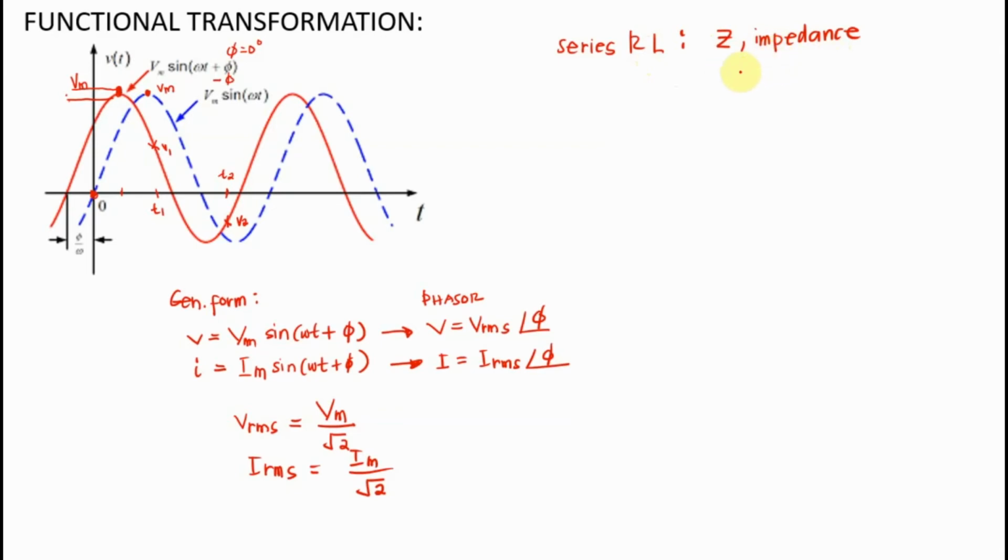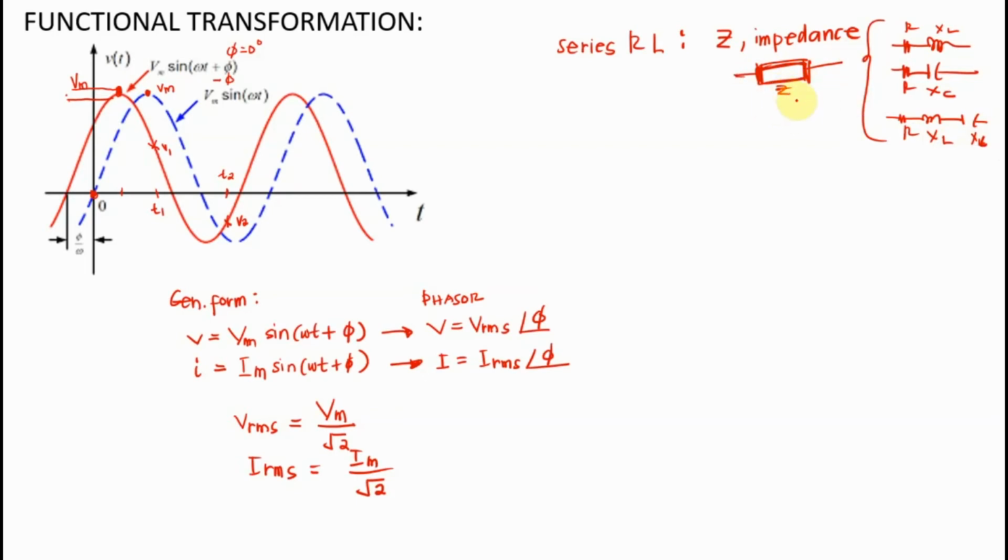That's why the symbol we are using here is a rectangular box. We place Z because it can be a resistor in series with an inductor, or a resistor in series with a capacitor, X sub C, or maybe both, and so on. So R, XL, XC. That's why we are using this rectangular box symbol and we place Z.